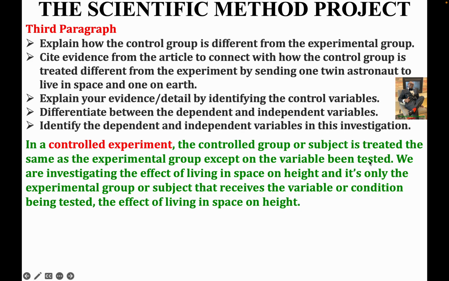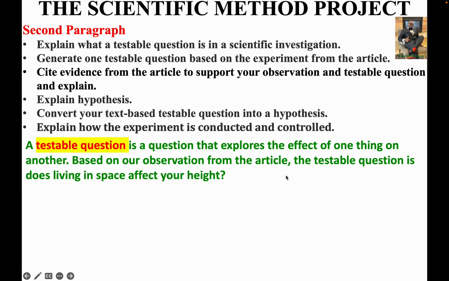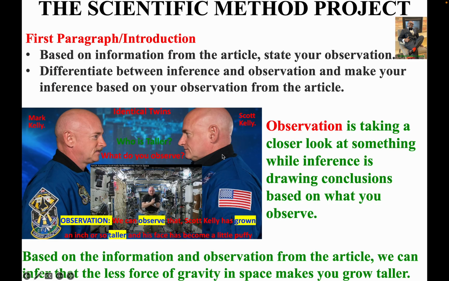That means that the identical twins are identical in almost every aspect, in almost every way. But the only way they are treated differently is that the experimental group, Scott Kelly, went to live in space, while his identical twin brother, Mark Kelly, stayed on Earth.